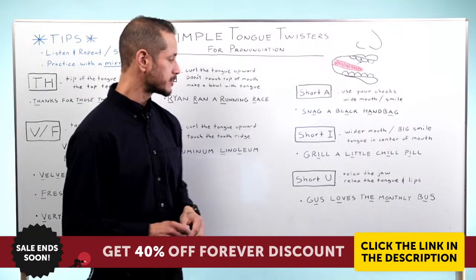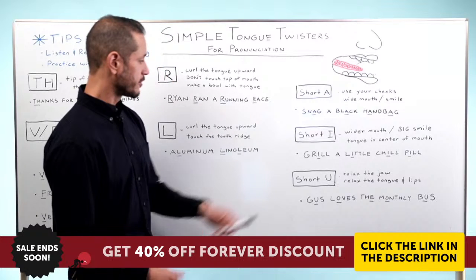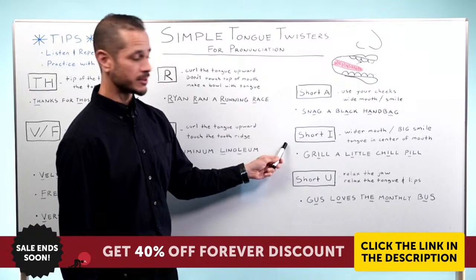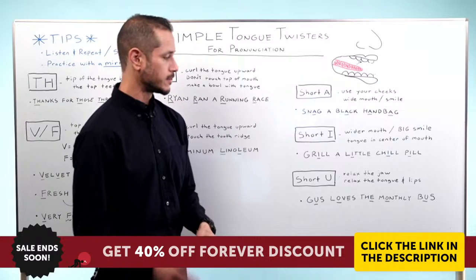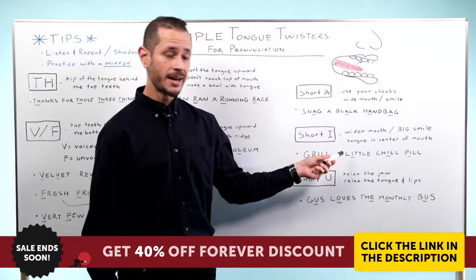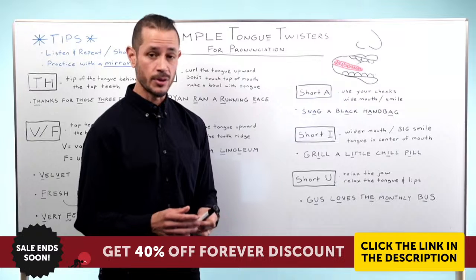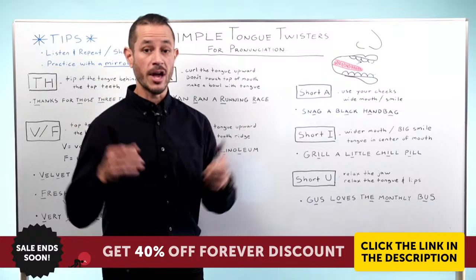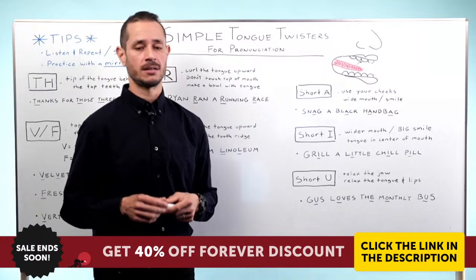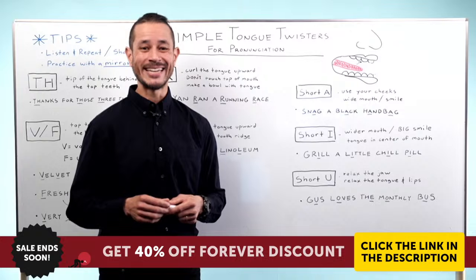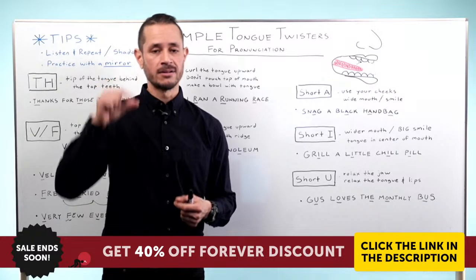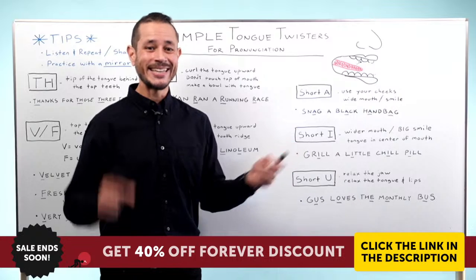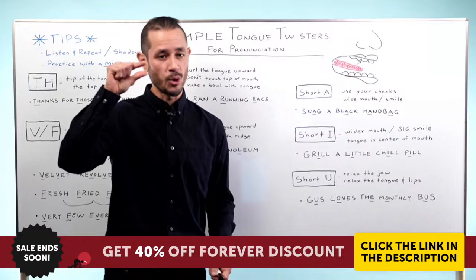Give it a shot. Next, we have the short I sound. Again, so we're not E, but I. So for the short I, you also want a wide mouth. You can think of an even wider mouth, a big smile. So the mouth is a little more open. The short I, our mouth is a little more narrow.